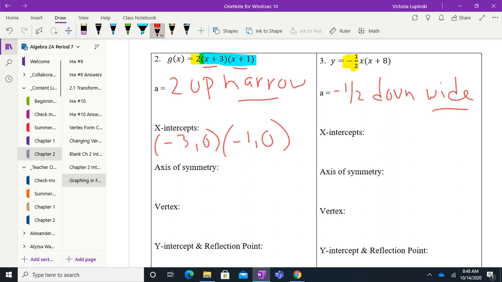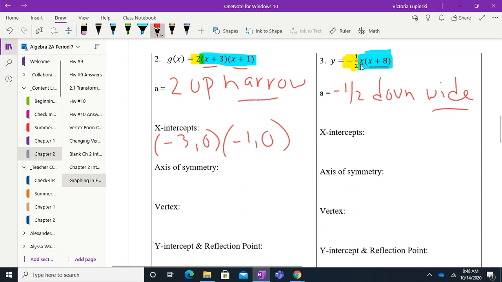When we say P and Q, it actually doesn't matter who's P and who's Q. We typically just go whoever's first is P, whoever's second is Q, but it doesn't matter if you decide to swap them. And I think it might be helpful to look at these two together step by step. So if you take a look at number 3, you'll see that this is a little interesting because there's only one obvious factor, which is x plus 8.